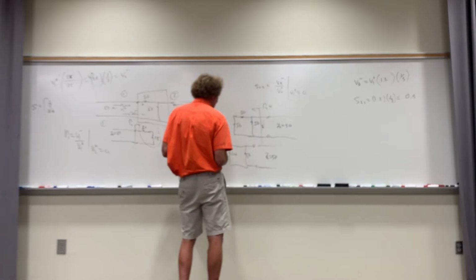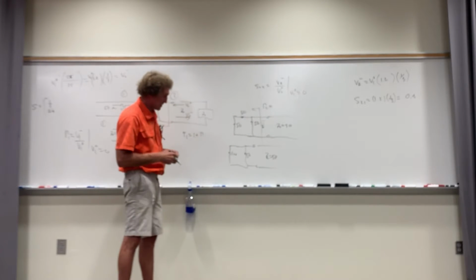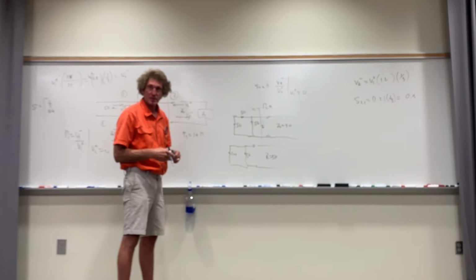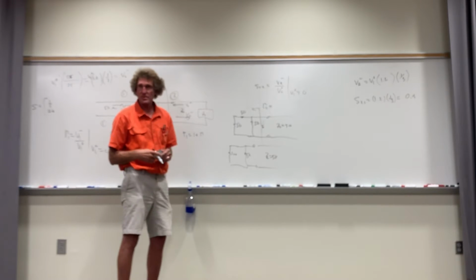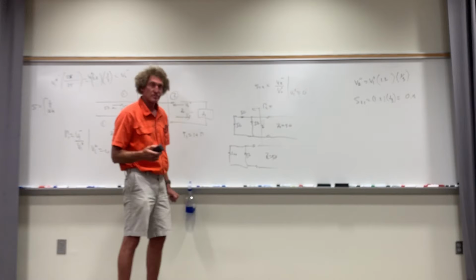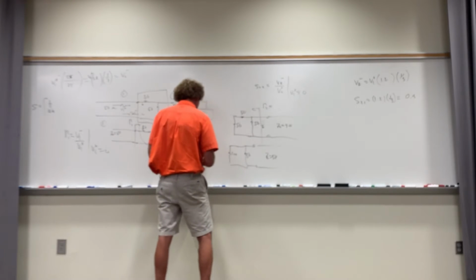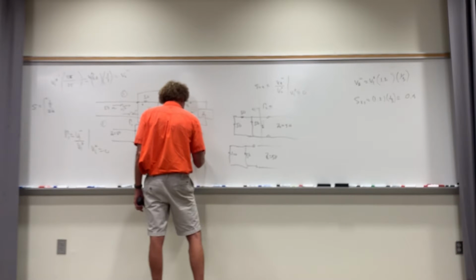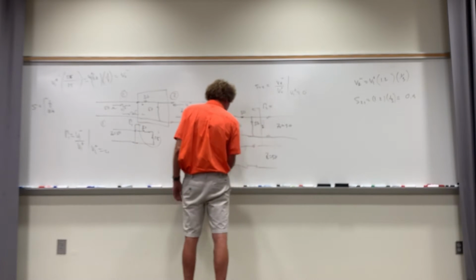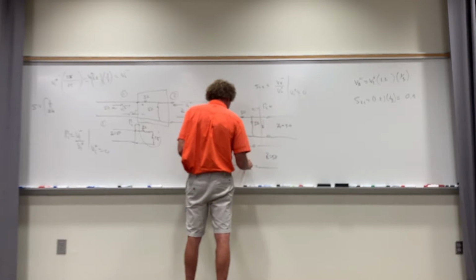So 100 in parallel with 50 is like 1 in parallel with 2, or 2/3, correct? It's going to be 2/3 of 50, which is 50 times 10 squared over 150, so 33.333 ohms, right? So that's just 33.